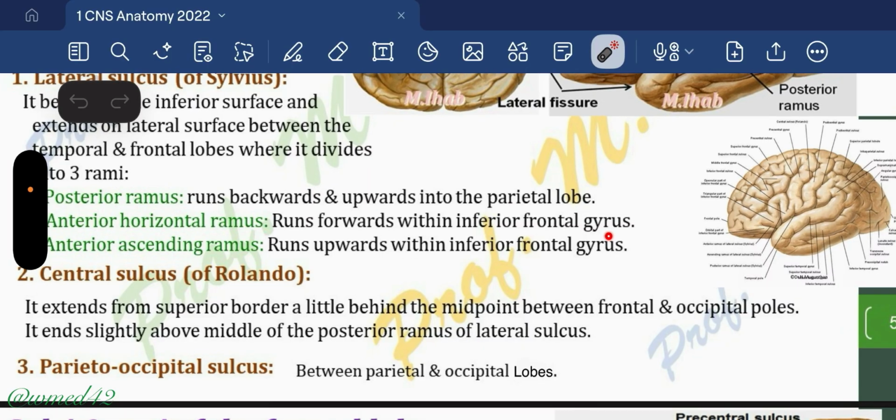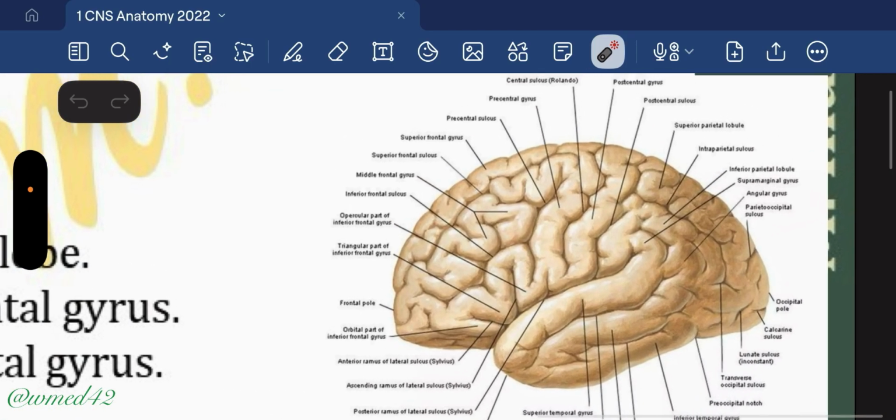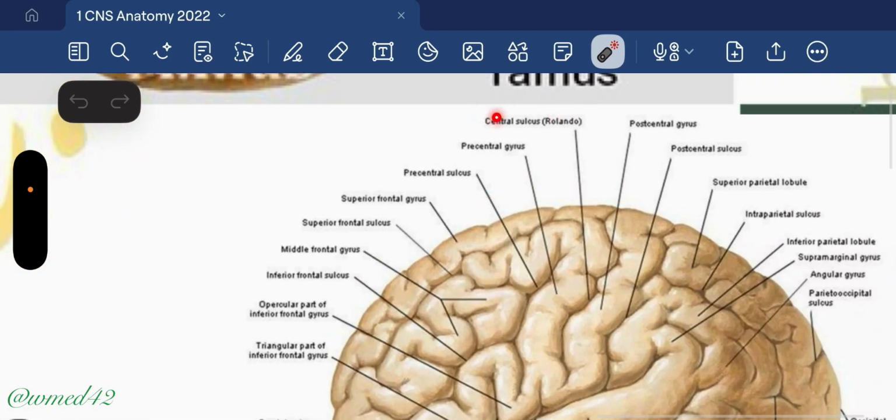The central sulcus of Rolando extends from the superior border, a little behind the midpoint between the frontal and occipital poles. It ends slightly above the middle of the posterior ramus of the lateral sulcus. So here it is, the central sulcus of Rolando.